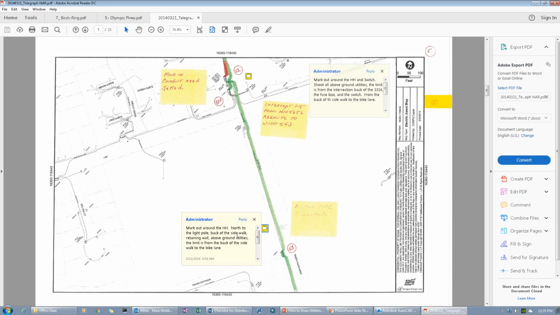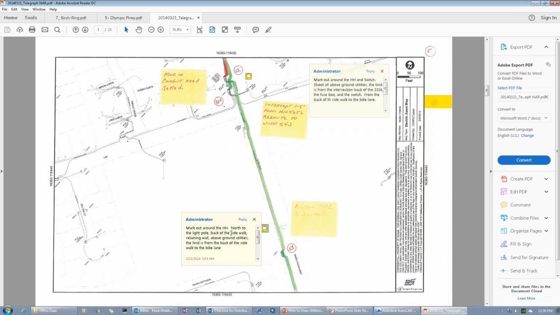Okay? So it's something to note. Every surveyor is a little different. Some of them drawn by hand, they just scan them in. This one took a little bit of time, made a PDF. Okay? But that information is there.